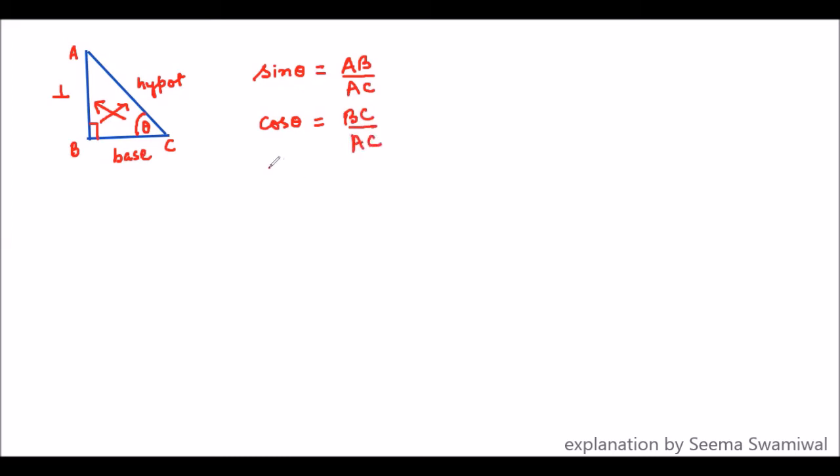Or tan theta, which is equal to perpendicular upon base, so you may give AB upon BC. Similarly, you can write the other three trigonometric ratios also. I hope you are able to understand this.